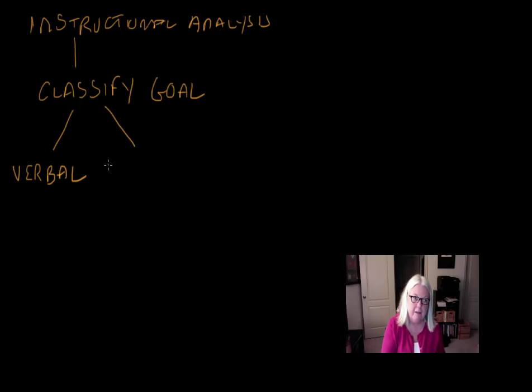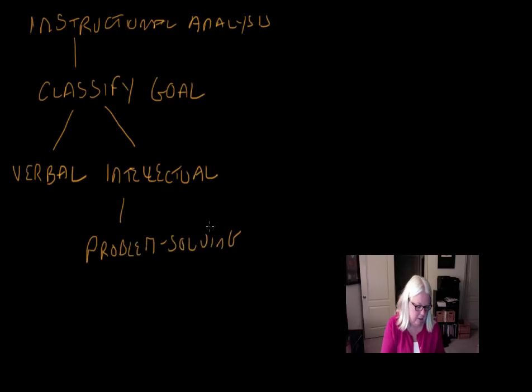The next skill is intellectual. Okay, intellectual skills are those that involve problem solving. Okay, so problem solving, and this is solving some kind of a unique task using cognitive ability.